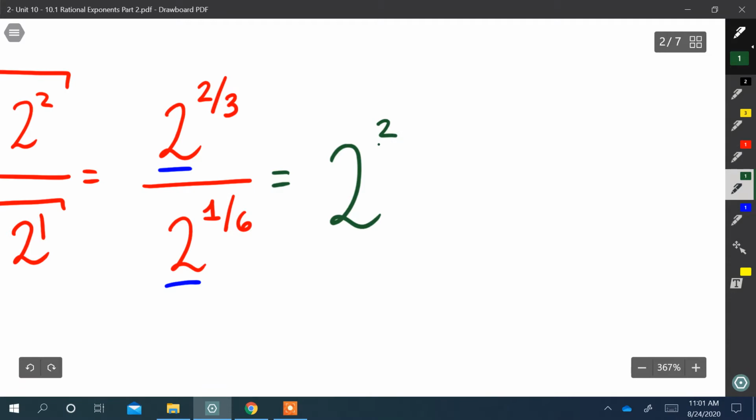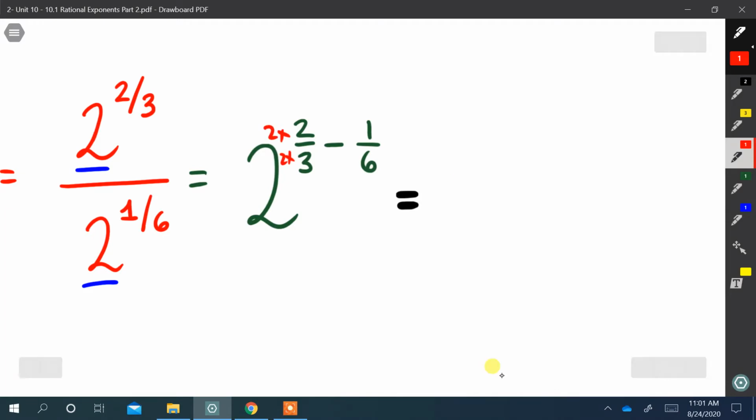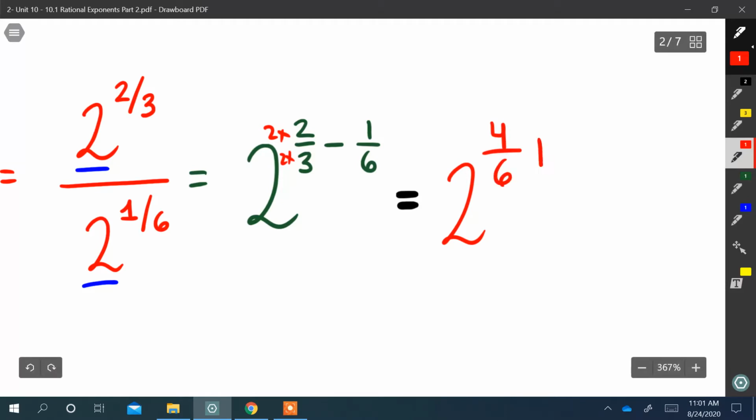So it's going to be 2/3 minus 1/6, where we multiply this 3 times 2 and this by 2 to get 6 there. Remember, we want to have the same denominator, so it's going to be 4/6 plus 1/6. I'm sorry, it should be minus there.